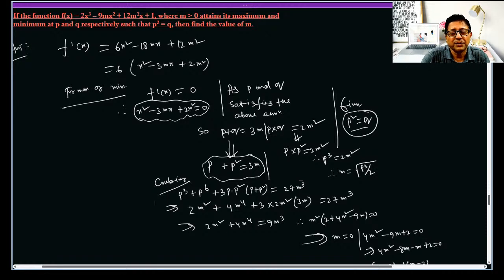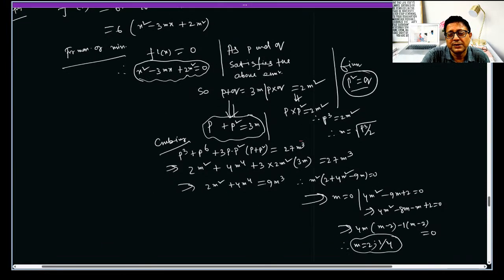By cubing we get an equation containing m only. Why? Because pq is 2m square, we put wherever required. Simplify. m is coming 2 and 1 by 4. Just minimum break, factorization. Nothing else.